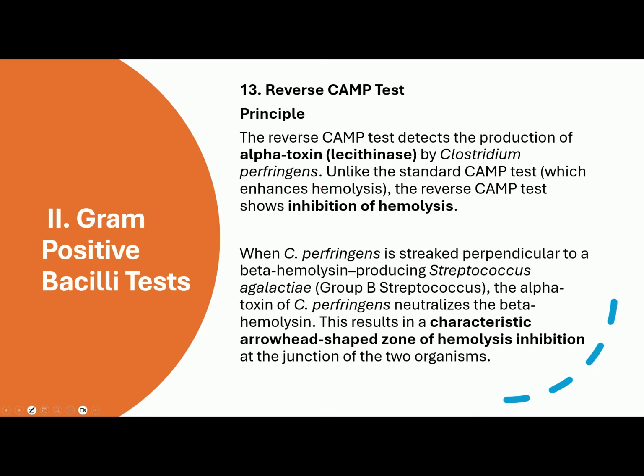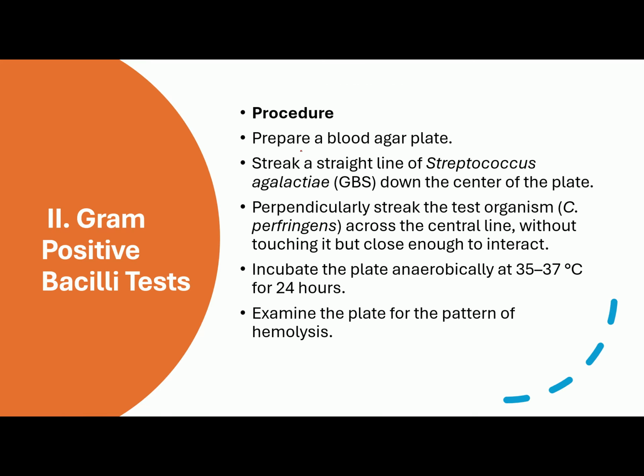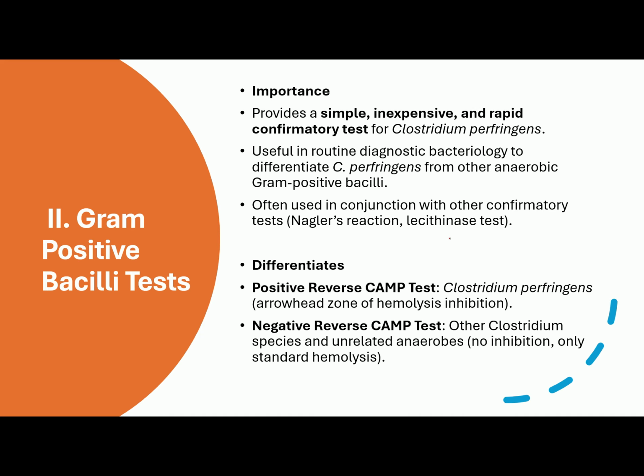So this time, class, gagamit ka ng group B strep, S. agalactiae. Prepare a blood agar plate, streak a straight line of Strep agalactiae down the center, then streak perpendicularly your C. perfringens. Incubate anaerobically and examine the plate for the pattern of hemolysis.